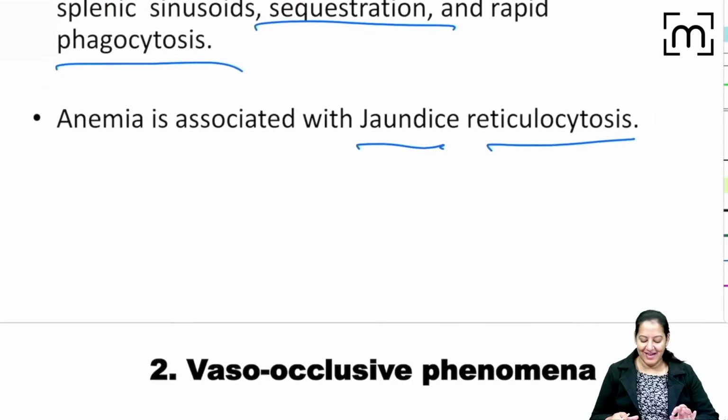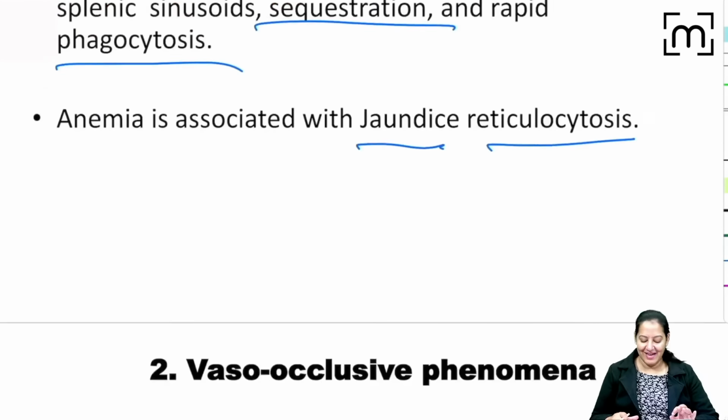So the size of the spleen increases. It is known as splenomegaly in the initial stage. But later on, due to prolonged hypoxia and prolonged vaso-occlusive phenomenon, the spleen undergoes autosplenectomy. You can see the diagram. This is autosplenectomy, typically taking place in sickle cell anemia. It's a very important MCQ repeatedly asked in the exam. You can see here.